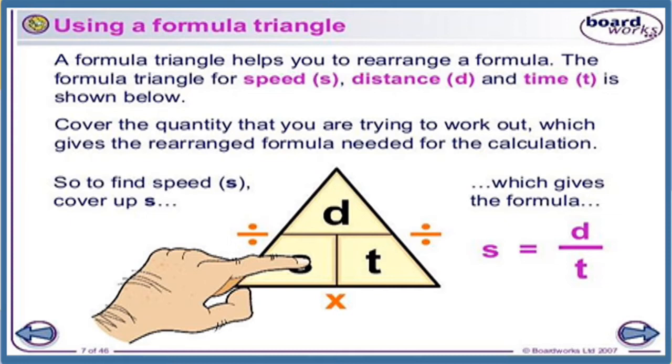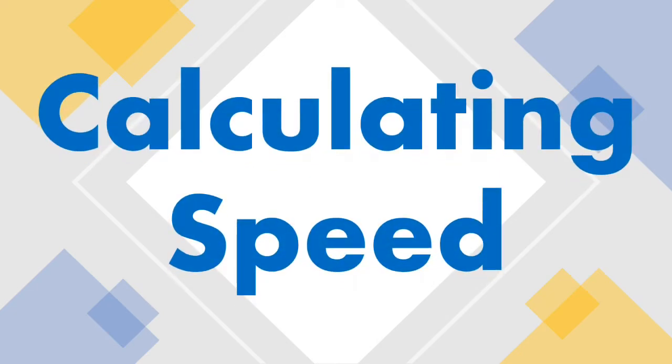So to find speed, or S, cover up letter S, which gives the formula S = D ÷ T, or speed is equal to distance divided by time. So let's go on calculating speed.